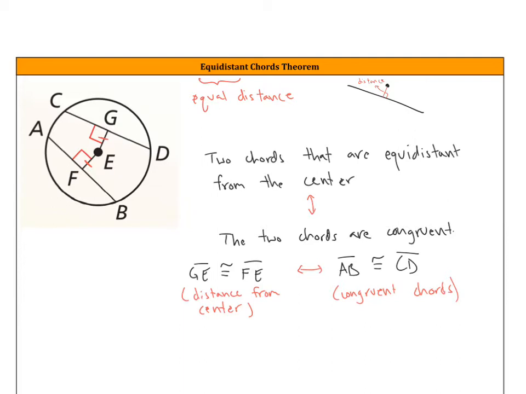Now, one thing that I want to mention as well, just a little side note, is that these distance segments, so GE and FE, they actually do bisect our chord as well. So I'm going to go ahead and note this down.